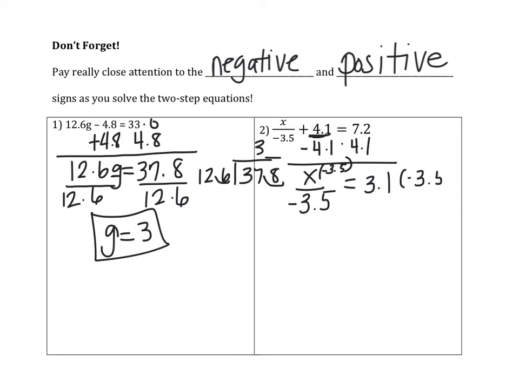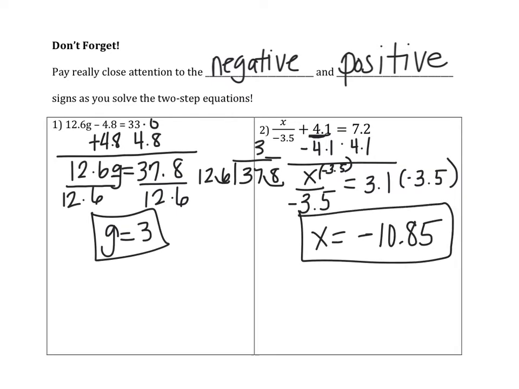We have to do the same to this side. So then we get x equals negative, because we're multiplying a negative by a positive, so x equals negative 10.85, or negative 10 and 85/100ths.